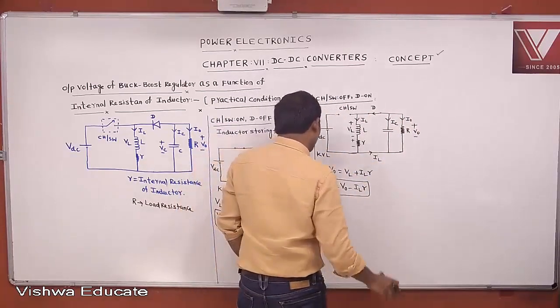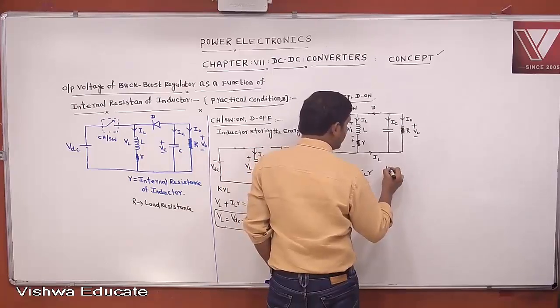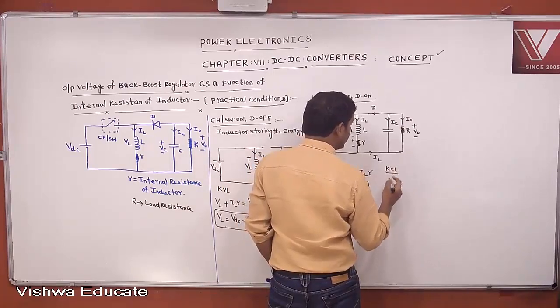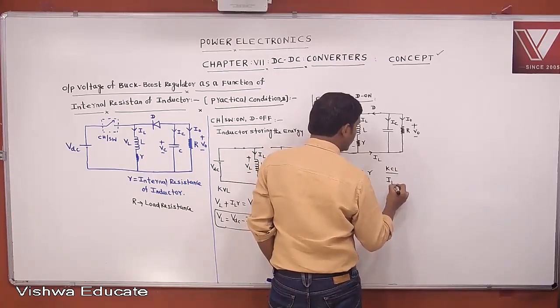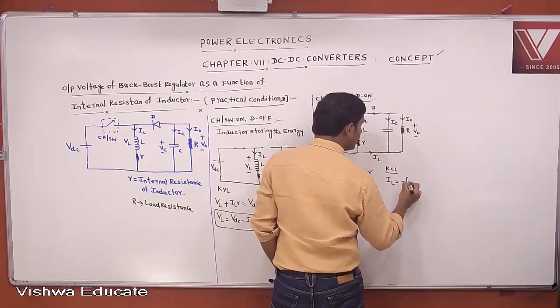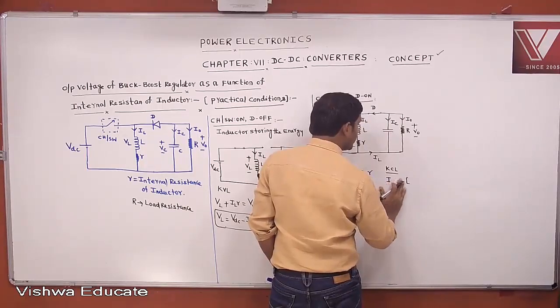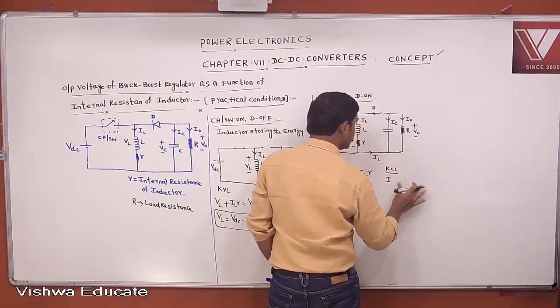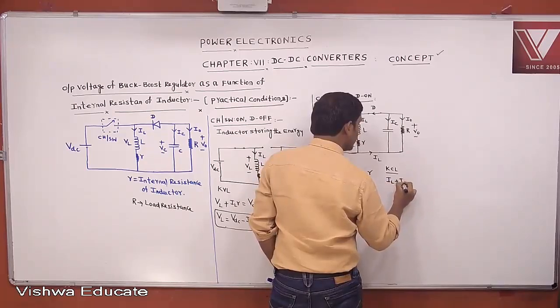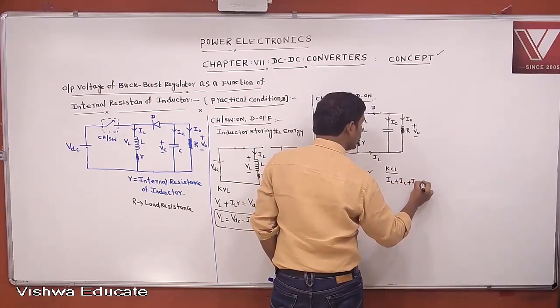Now you tell me, what is KCL? If you apply KCL, then IL plus IC plus I0 equals 0.